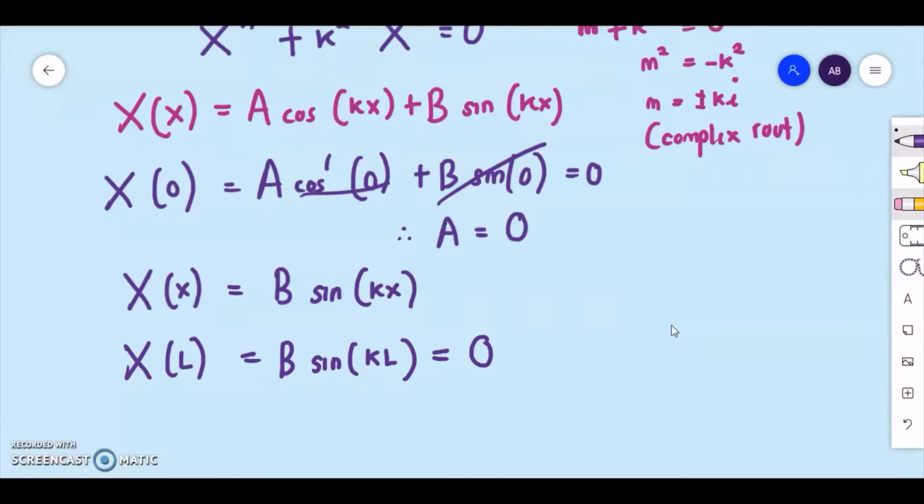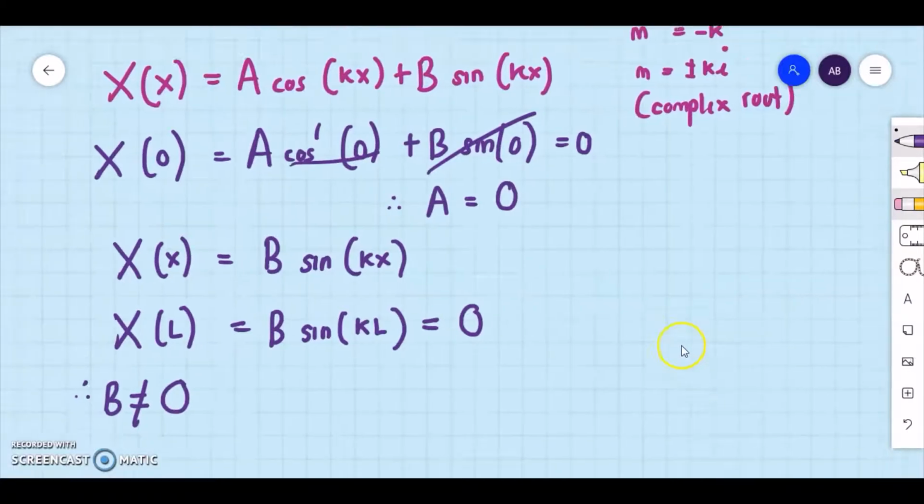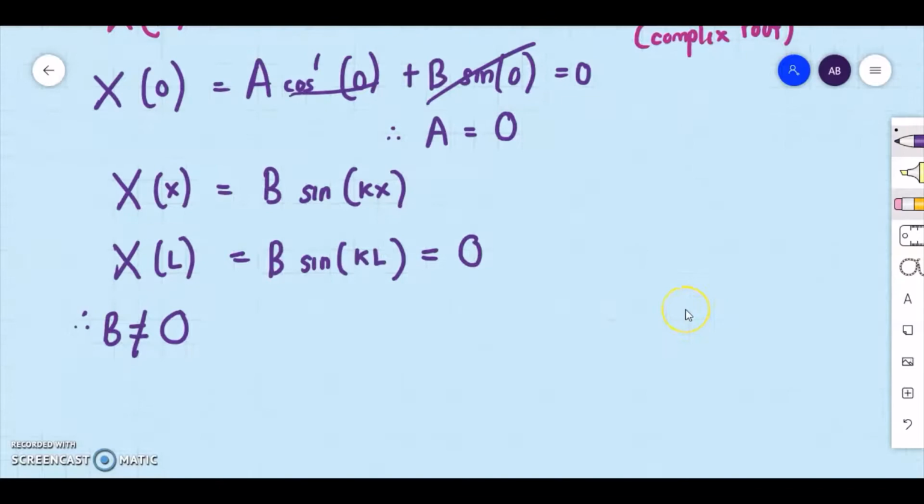Now you can find all the values of kappa L when sine is 0, because sine is 0 at pi, 2 pi, 3 pi, right? But take note that B cannot be 0. If B is 0, then you don't have a solution. So we gotta make sure for this third case that B is not 0.